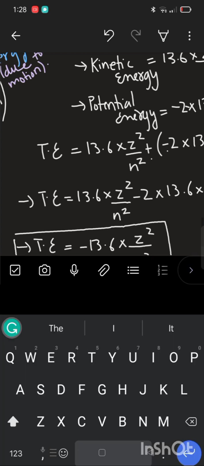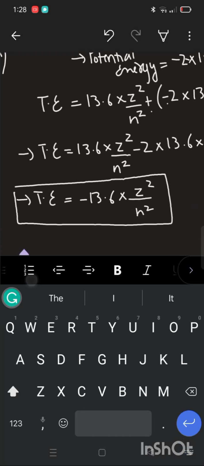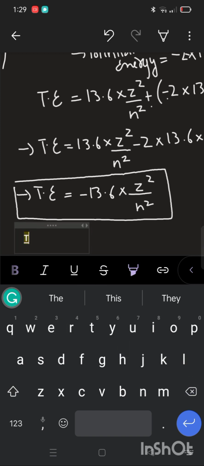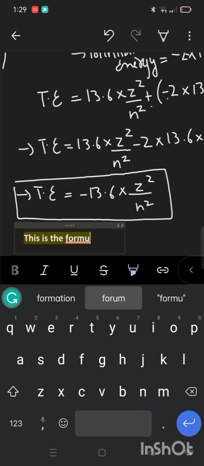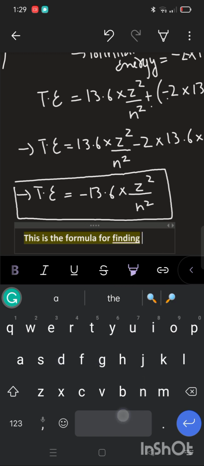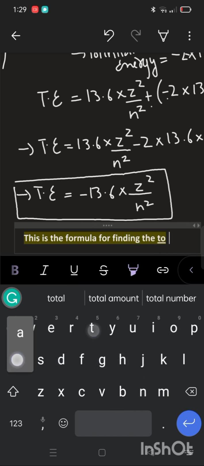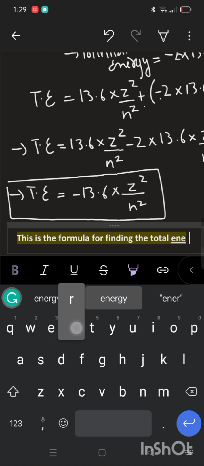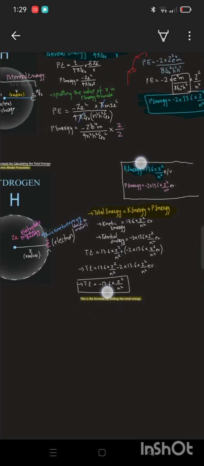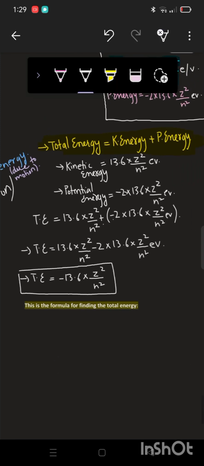This will be the formula for finding the total energy. Let me write this here. This is the formula for finding the total energy, and that is equal to kinetic energy plus potential energy, right? Now let me highlight this too.